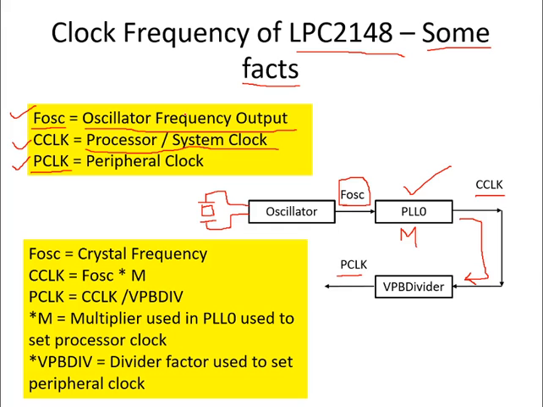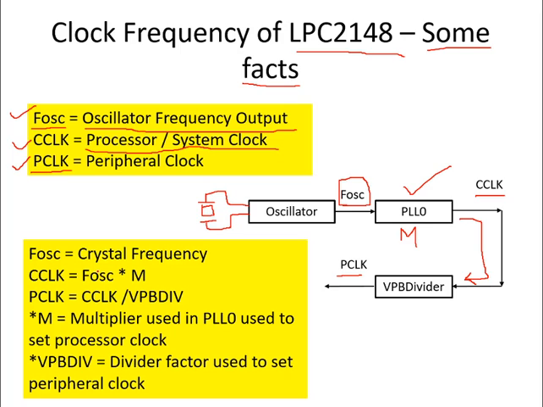F oscillator is the oscillator output frequency, CCLK is the processor or system clock, and PCLK is the peripheral clock. Inside the LPC 2148 there are two parts, one is system and one is peripherals. For the system you have CCLK, for peripherals you have PCLK. Have you understood this point?